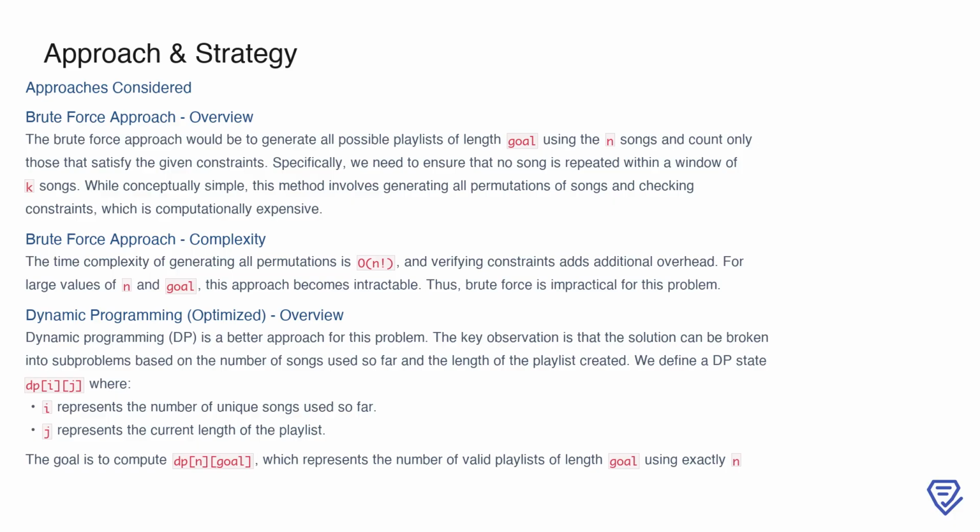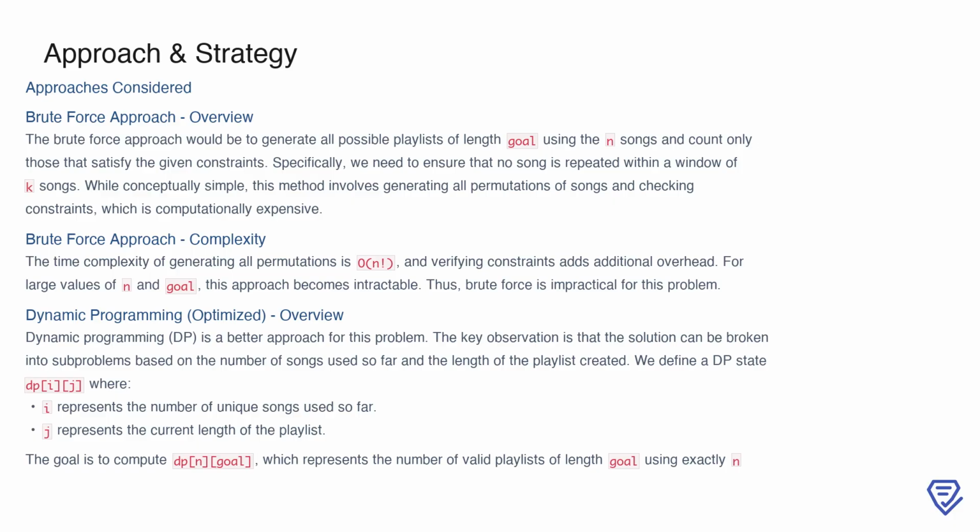This quickly becomes computationally expensive, as the number of permutations grows factorially with the number of songs. Specifically, the time complexity of generating all permutations is O(n!). And there's additional overhead for verifying the constraints. For large values of n and goal, this approach is not feasible.